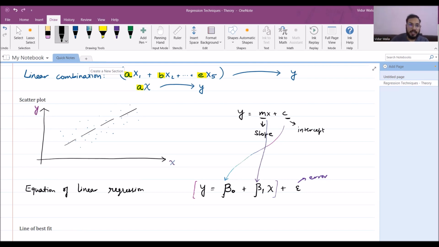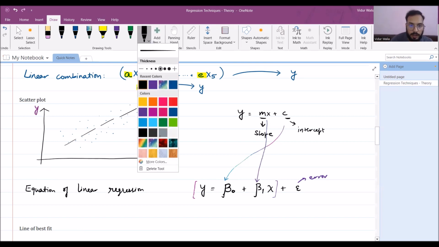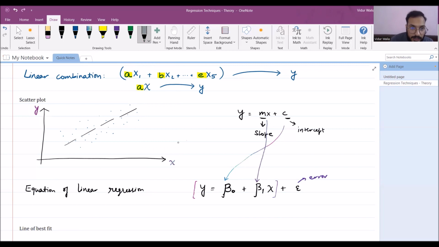But obviously, for example, let me just show you. Just see this. Can you see the distance of these points from this line? These are the error terms.